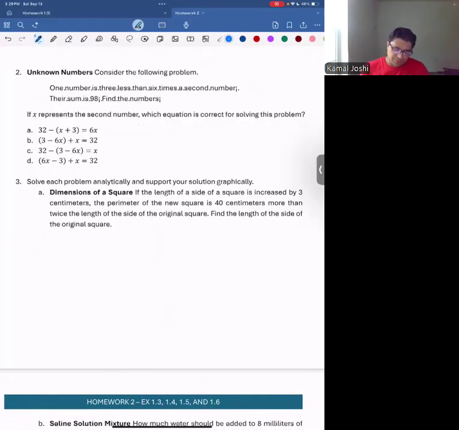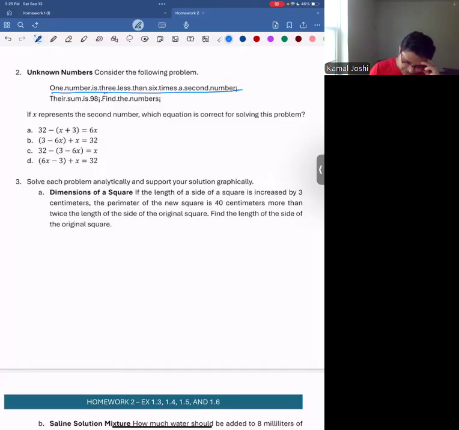Consider the following problem. One number is 3 less than 6 times a second number. Their sum is this. Find the numbers. If x represents the second number, which equation is correct for solving this problem? One number is 3 less than 6 times the second number.